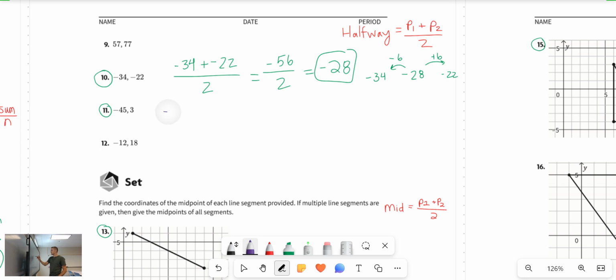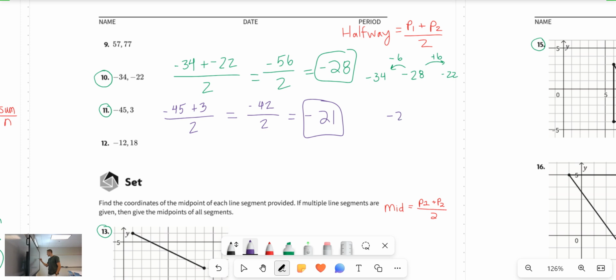And then we'll switch back to our purple for the last one. Negative 45 and 3. So our first step is negative 45 plus 3. Let's add them together, and we're going to divide by 2. So adding them together, negative 45 plus 3 is negative 42. Divide by 2, that's just negative 21. And negative 21 looks like 24 away.